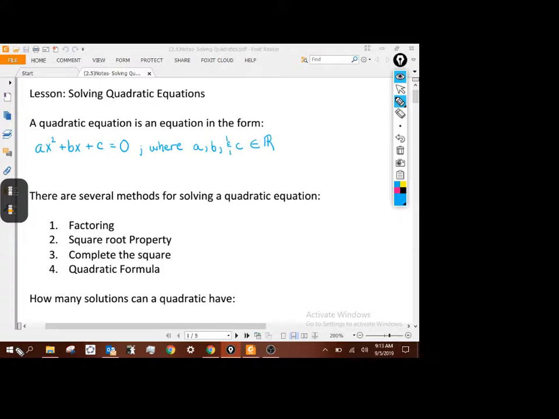Ax squared plus bx plus c equals 0, where A, B, and C are elements of your real numbers.